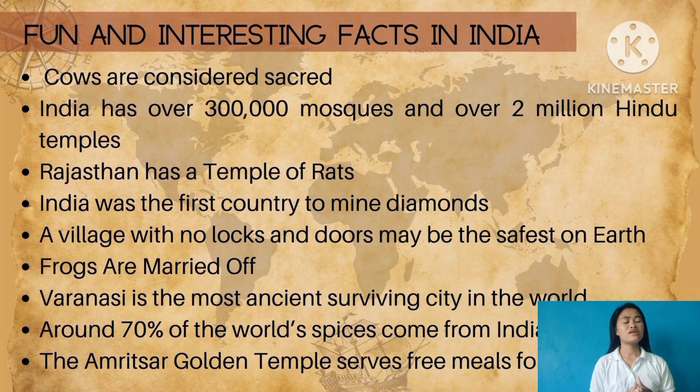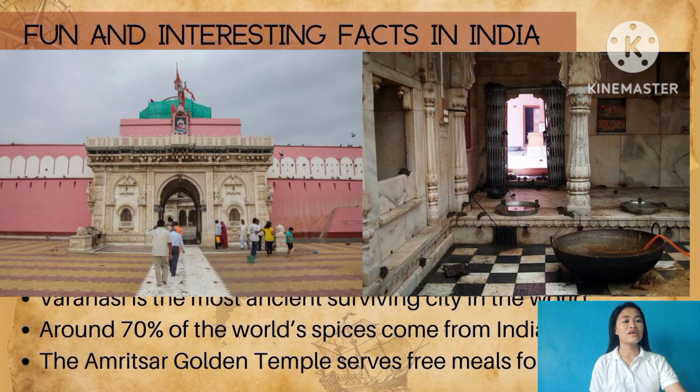It's very annoying, but yes, it is true in India. They have a lot of temples of rats, specifically in Rajasthan. I will show a picture of the temple of rats. This is the Rajasthan temple, the temple of rats located in Rajasthan.